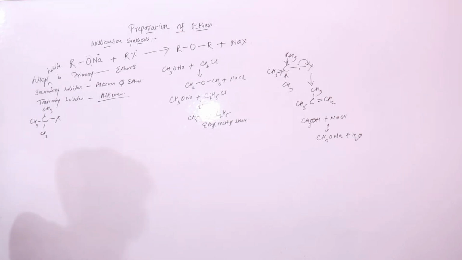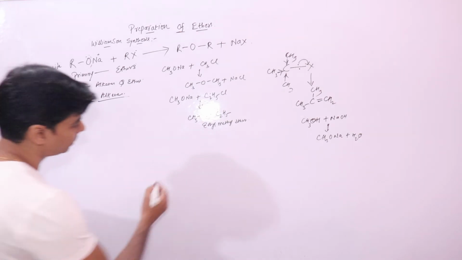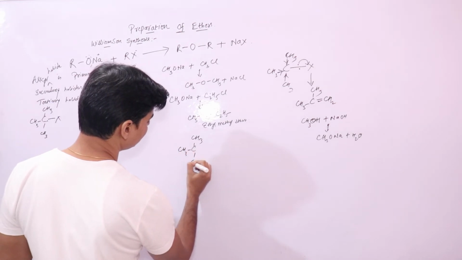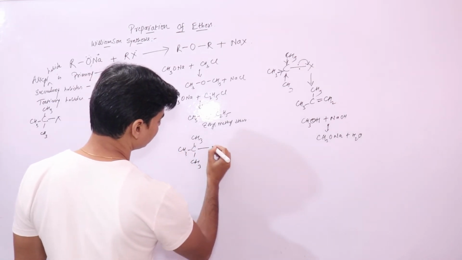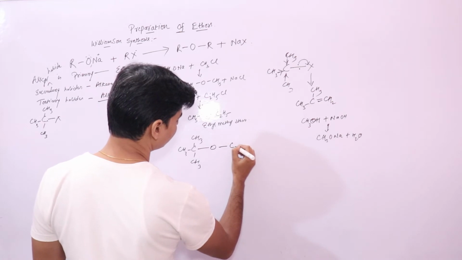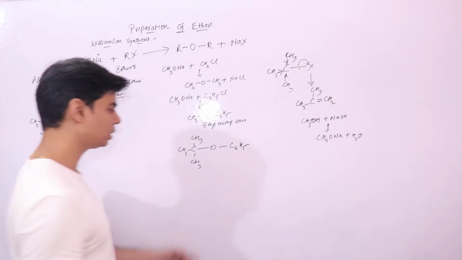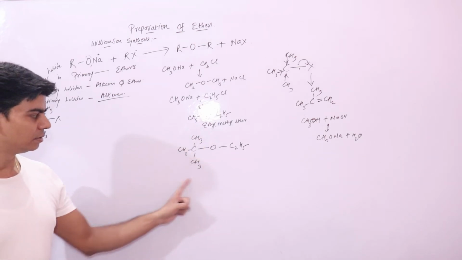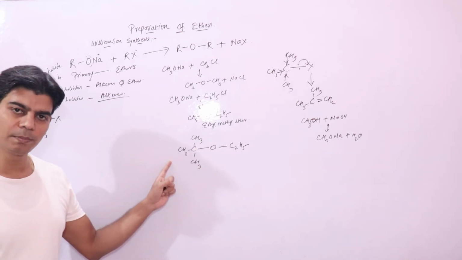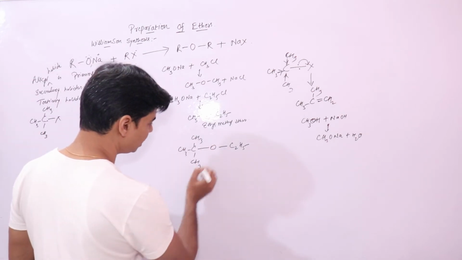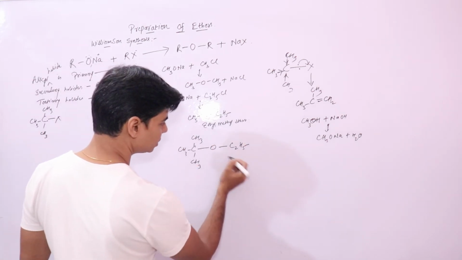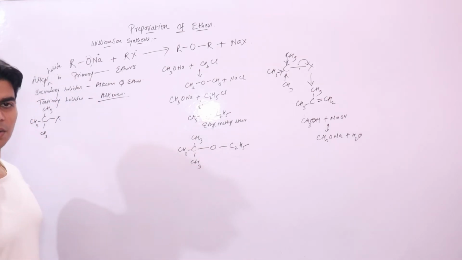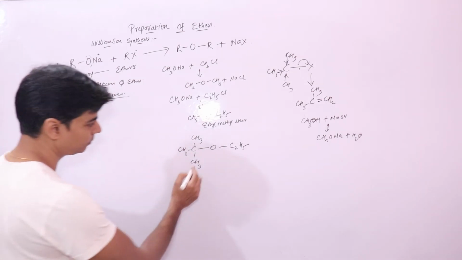Now suppose I want CH3, O, then C2H5. If I want this type of ether, where you have this tertiary butyl group and this is your ethyl group, and this is your ethereal oxygen, so this is basically an ether.